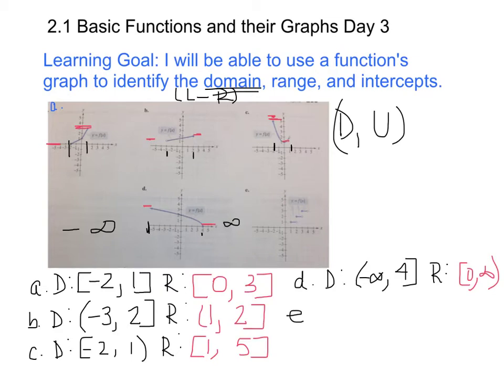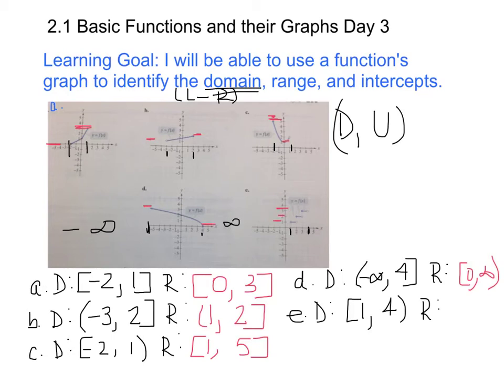And then E. All right, so my domain goes from 1, and it goes all the way to 4. But 4 is not included. And then my range, notice they're broken up, but I had a point on 1, on 2, and on 3. So I have to list them.